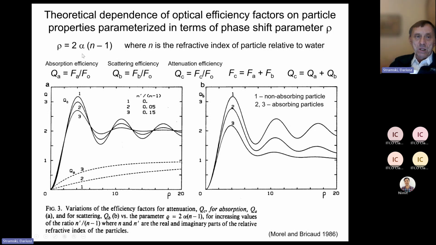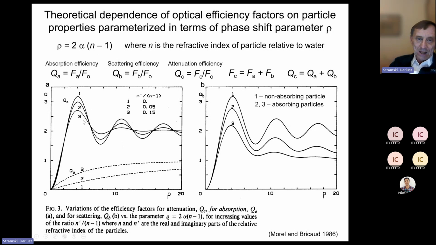Because the parameter ρ does not explicitly include any absorption characteristics, it's just size relative to wavelength and the real part of refractive index relative to water, it says nothing about how absorbing the particle is.